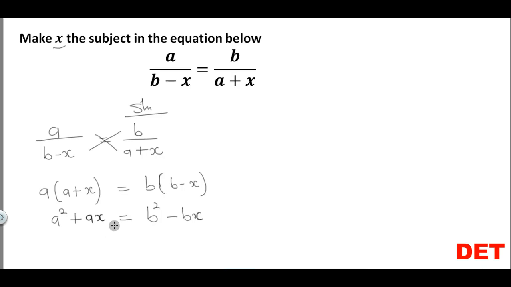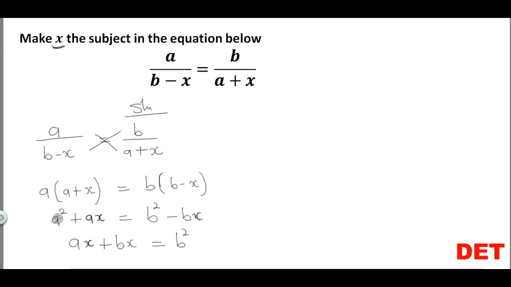So having done this, the next thing I'm going to do is to collect like terms. Let whatever is carrying x go to one side of the equation, and what is not carrying x go to the other side, since we are to make x the subject of the formula. So this is ax. When this minus bx crosses to this side of the equation, it will become plus bx, equal to b squared.